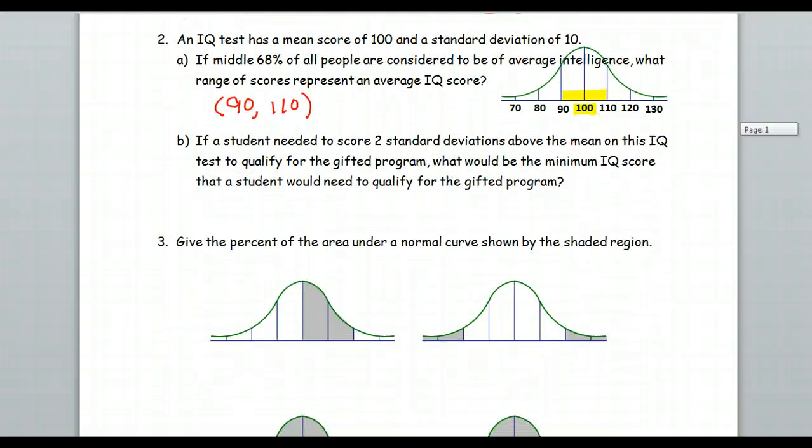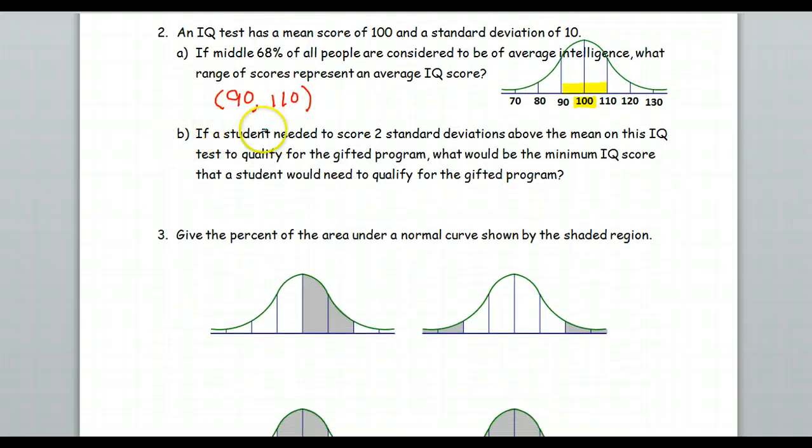Now, I might as well scroll down. If a student needs to score 2 standard deviations above the mean on this IQ test to qualify for the gifted program, what would be the minimum IQ score that a student would need to qualify for the gifted program? Okay, so 2 standard deviations above the mean.